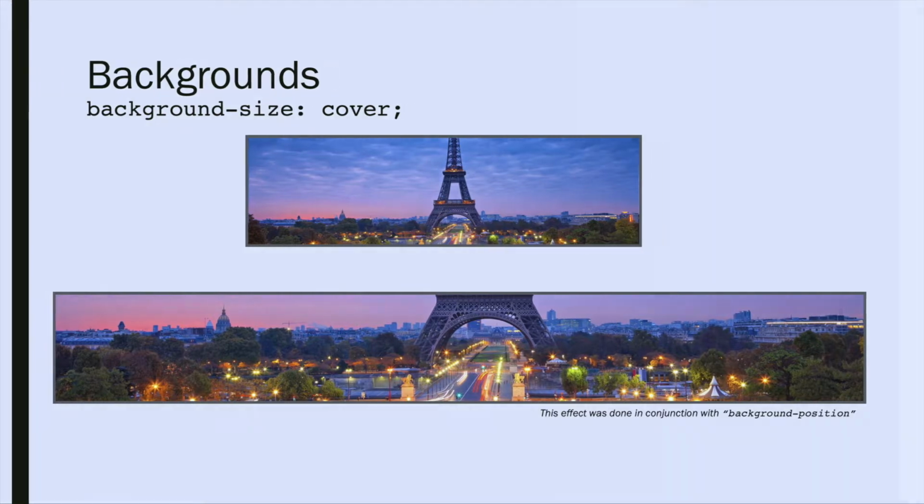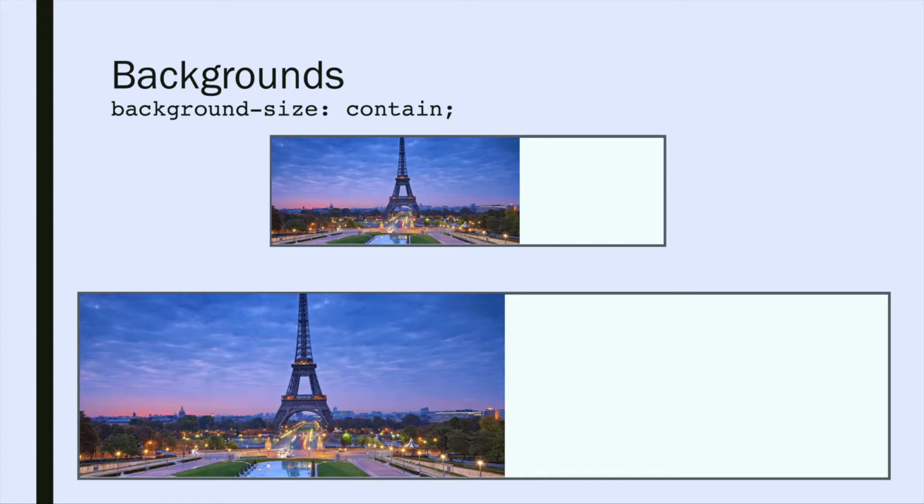On the other hand, if we say background size contain, that's going to take the exact same image and make sure it can be fitted inside the element. So no matter how big the element is, the whole entire image will be contained inside the element. So that way, the whole image can be seen.